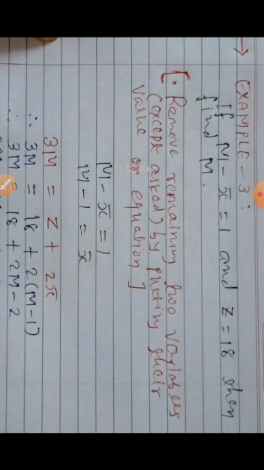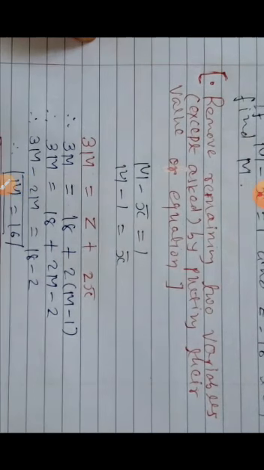In the third, one equation is given, one value is given. So here one thing is extra. You have to remember that the remaining two variables should be removed from the equation or formula. So here m is asked. First of all we remove z and x bar.